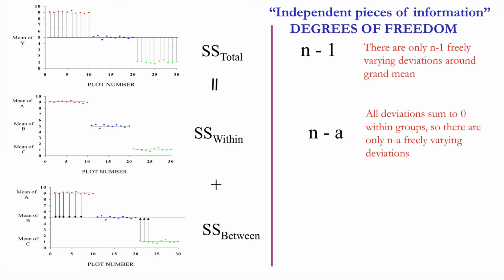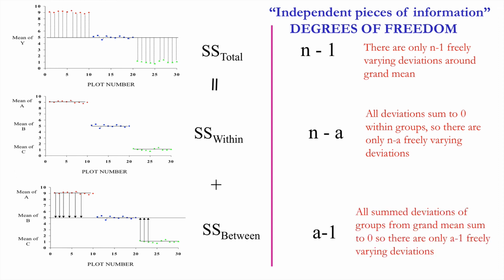And for reasons which I won't go into, we have n-a degrees of freedom associated with the within group sums of squares. That's the total sample size minus the number of groups, where a is 3 in this case. And we have a-1 degrees of freedom associated with the between group sums of squares, where we're assuming that we know what those group means actually are, and a is 3, so a-1 is 2.